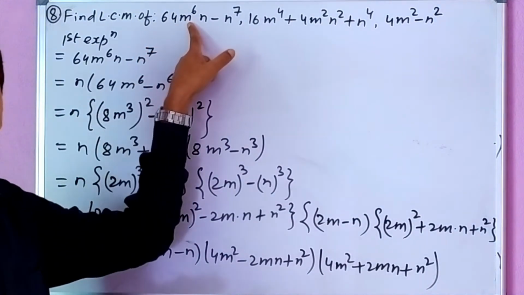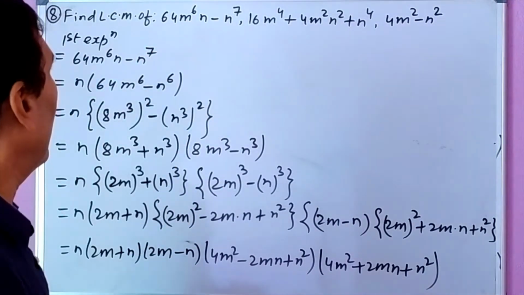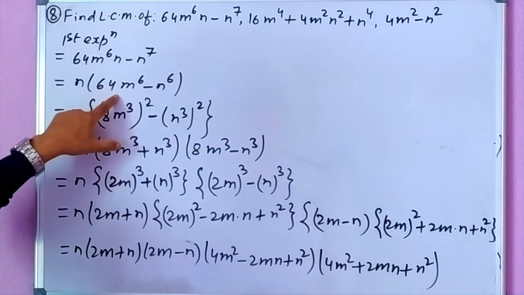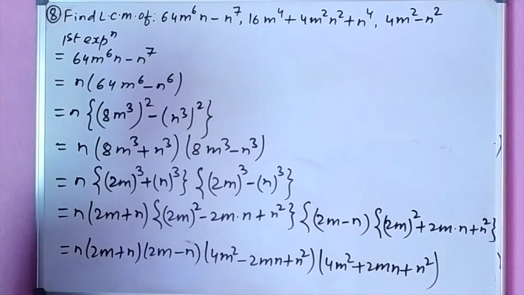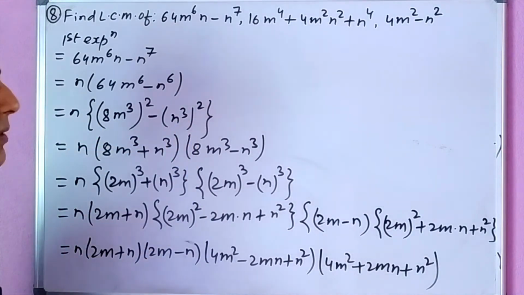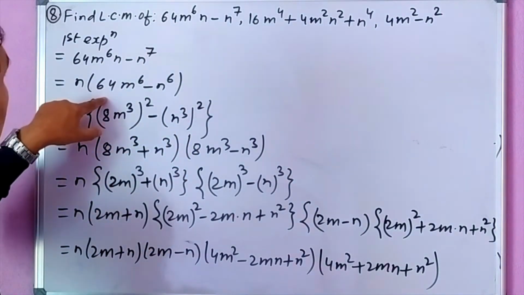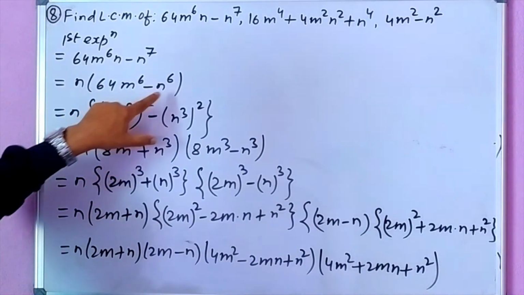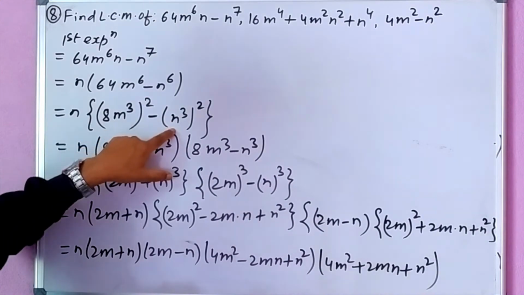64 m power 6 n minus n power 7. There is n common. After taking n common, we will get 64 m power 6 minus n power 6 in the bracket, where I have used a square minus b square, because 64 m power 6 is the square of 8m cube, and n power 6 is the square of n cube.